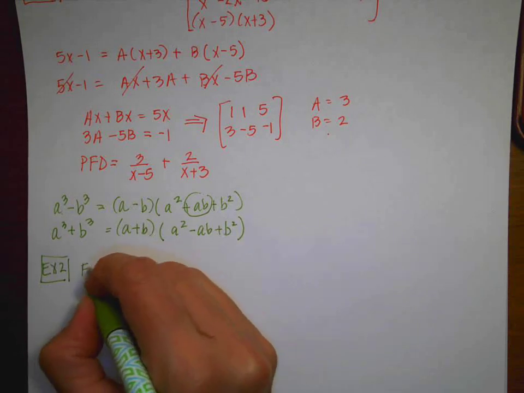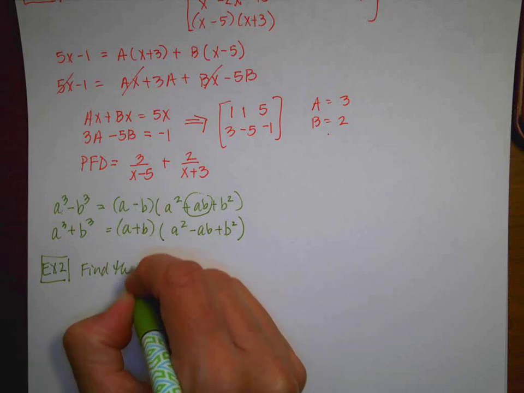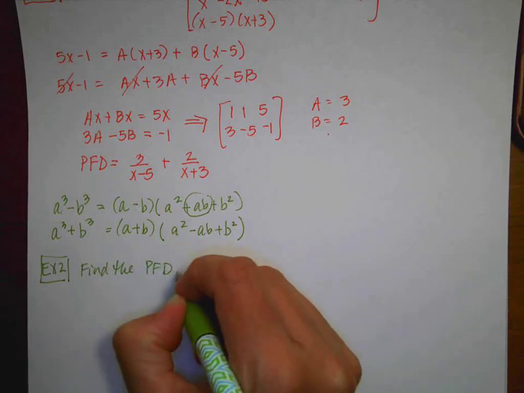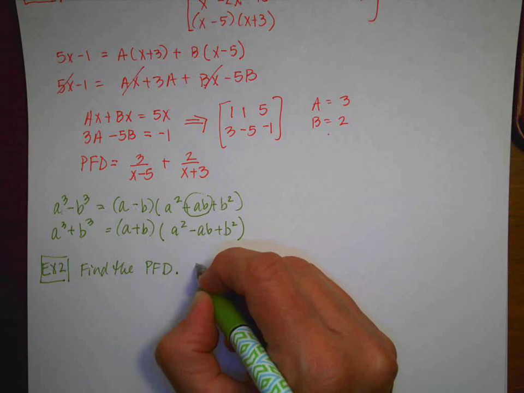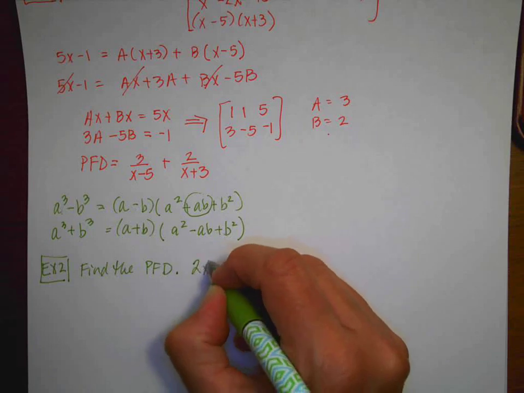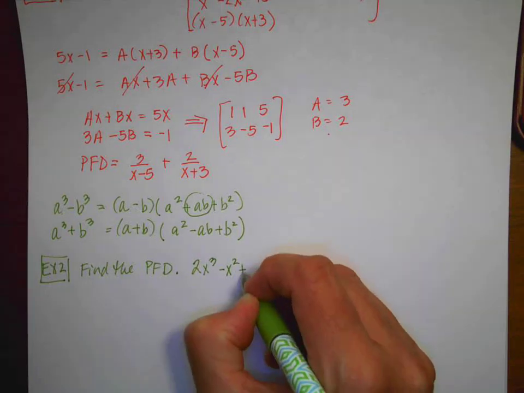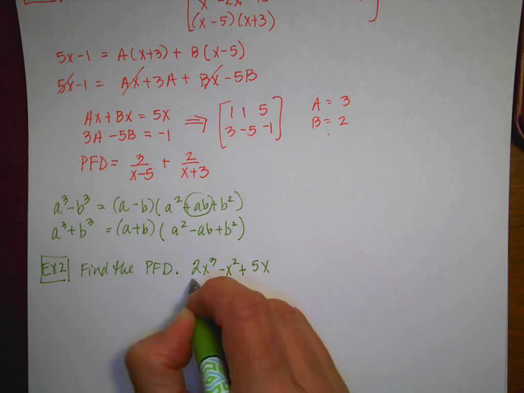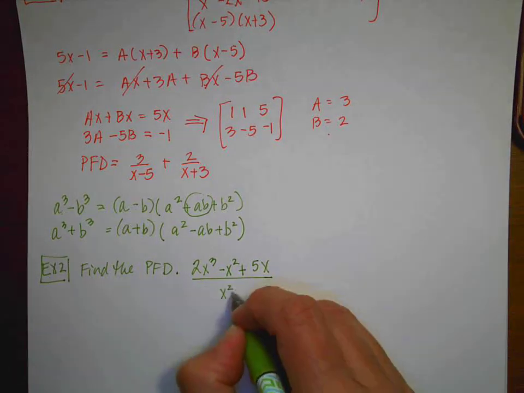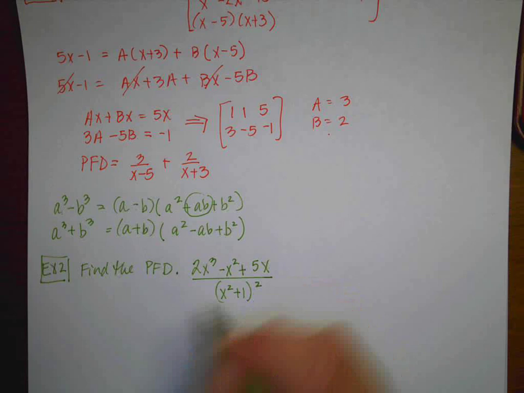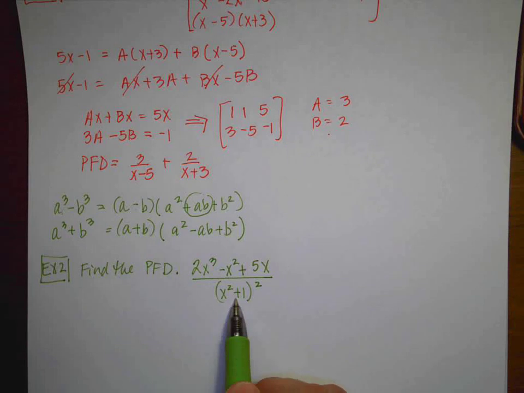All right, for our next one, we're going to find the PFD, simple directions. My rational expression is 2x cubed minus x squared plus 5x over x squared plus 1, squared. Now this is kind of a cool one, so I always try to make sure that we do different types of examples.